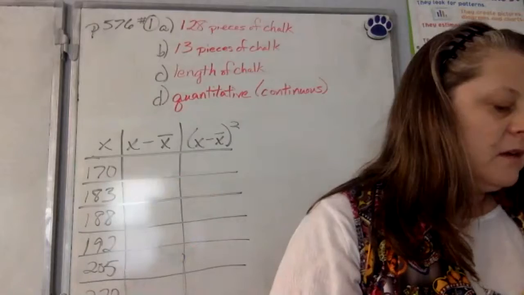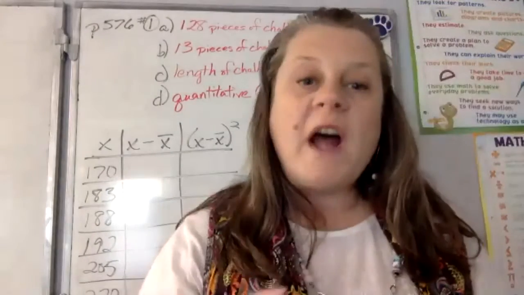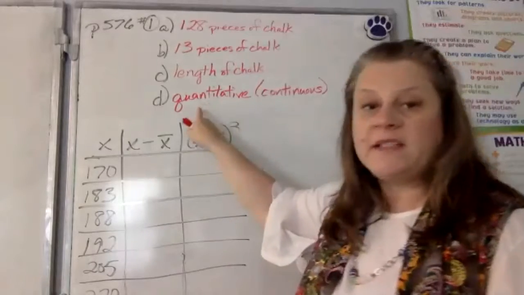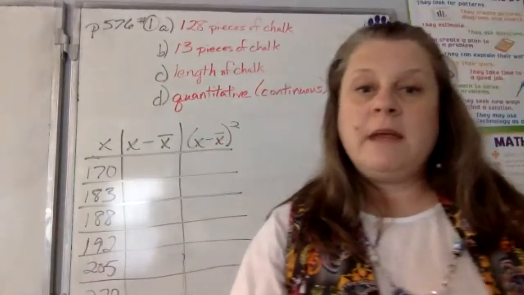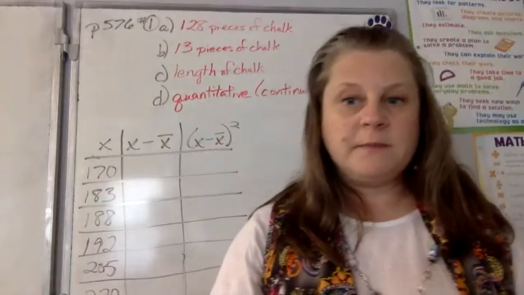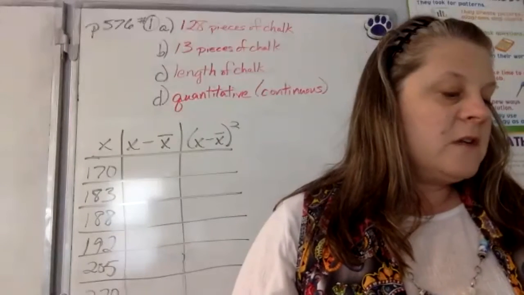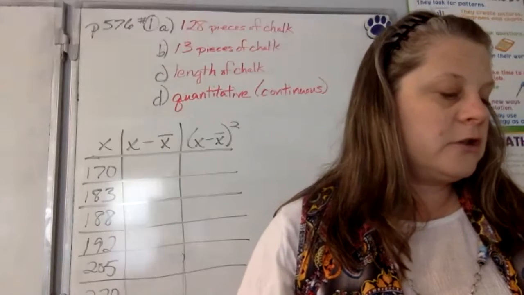Now, listen to these situations and tell me whether you think it would be quantitative. Quantitative, remember, deals with a quantity, a number, or qualitative, meaning it divides it into categories. So listen to this and tell me which one you think it is. An advertising company conducted a survey about how many sodas a teenager drinks per week.